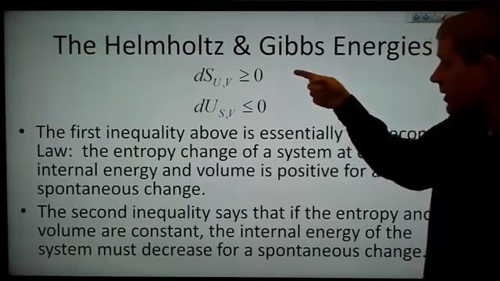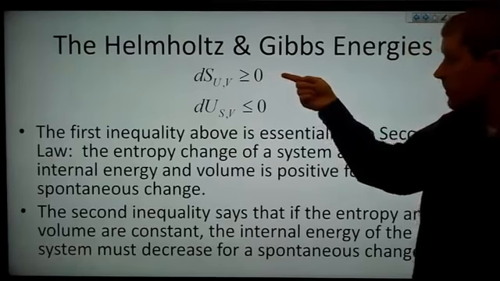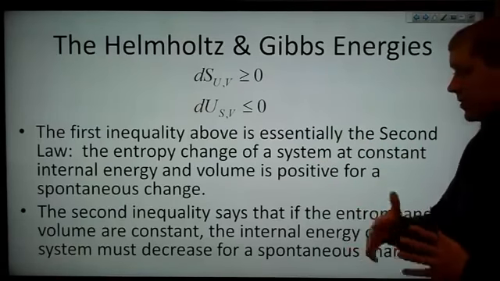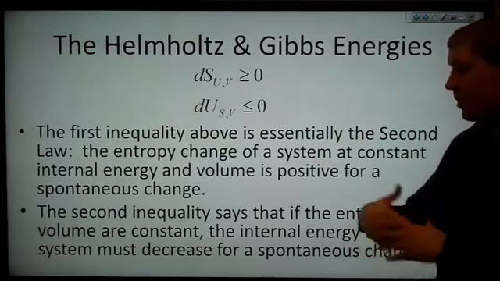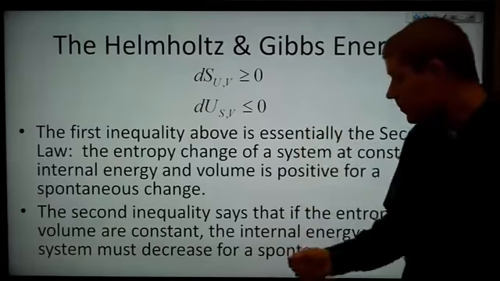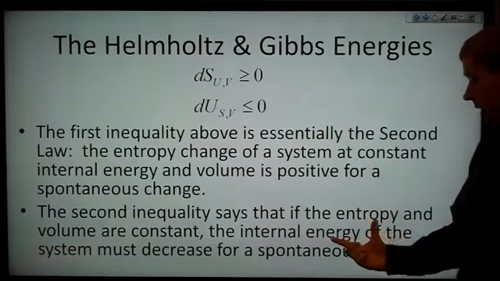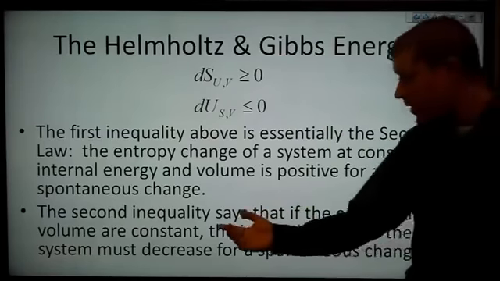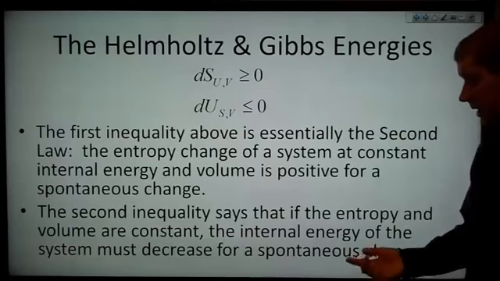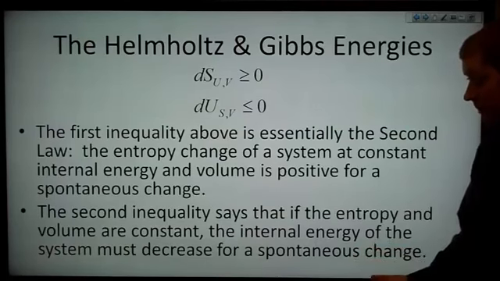So the first inequality, the one with entropy in it, is basically the second law. The entropy change of a system at constant internal energy and volume must be positive for spontaneous change. The second inequality says that if the entropy and the volume are constant, then the internal energy of the system must decrease for a spontaneous change.